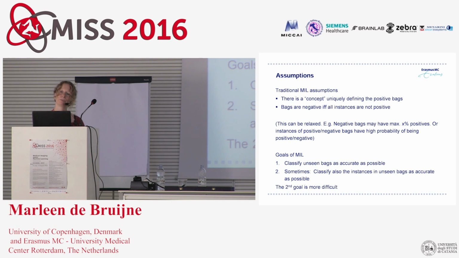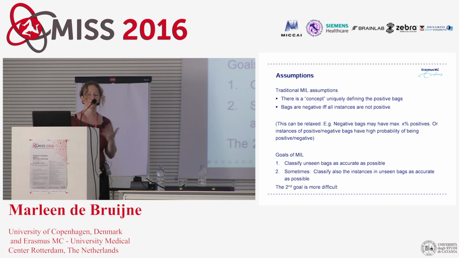So the goals of multiple instance learning are twofold, or at least the first goal is there. We want to classify unseen bags, unseen collections, as well as possible. Often we also will want to classify the individual instances as well as possible, which is much more difficult because we don't have instance labels, we don't have any specific information on them, so we need to make more assumptions there.